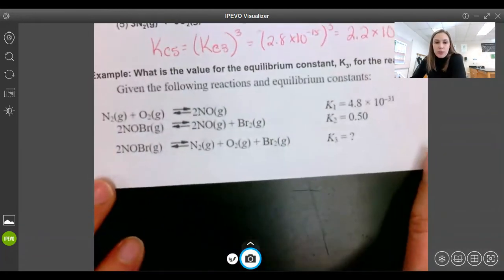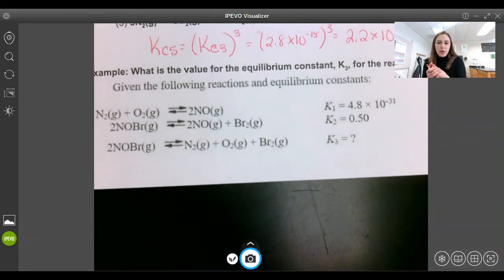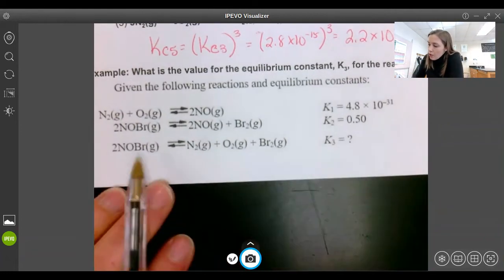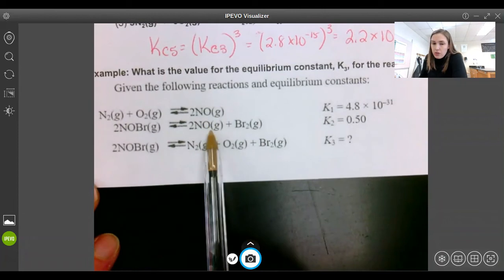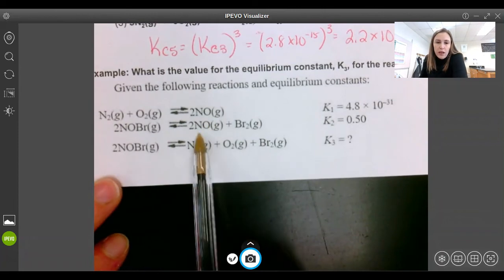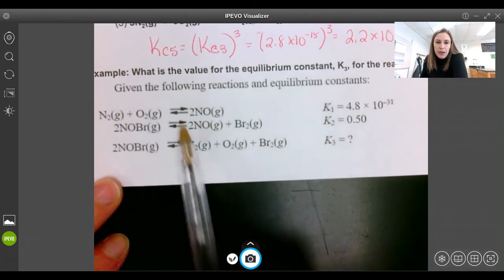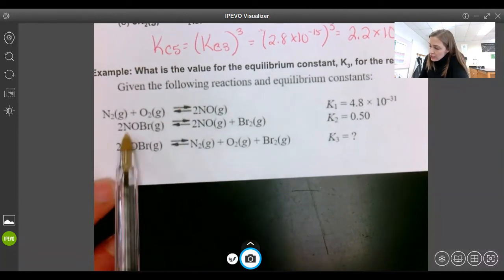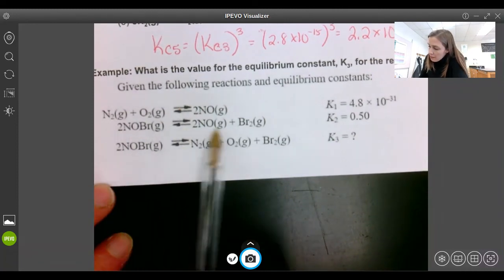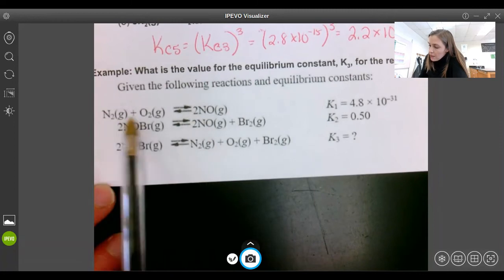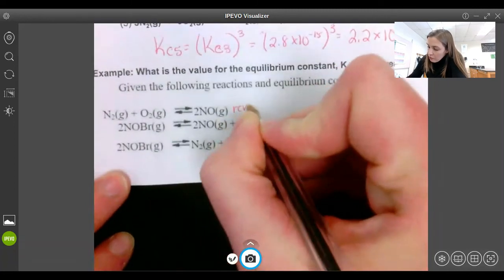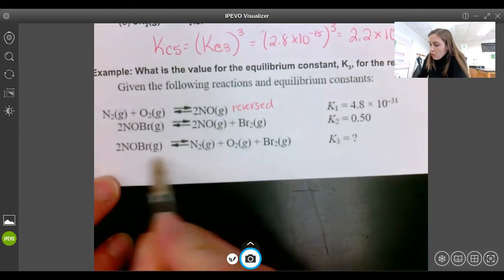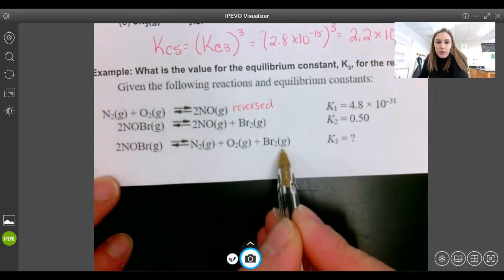So this was a question that was on the quizzes where it combines 2 of these. So I wanted to go through it with you. It was asking for K3 here based on these 2 elementary steps and their equilibrium constants. So if I look at this, I can see that this bottom equation is used as is, but this equation I would have had to reverse in order to create this final equation.